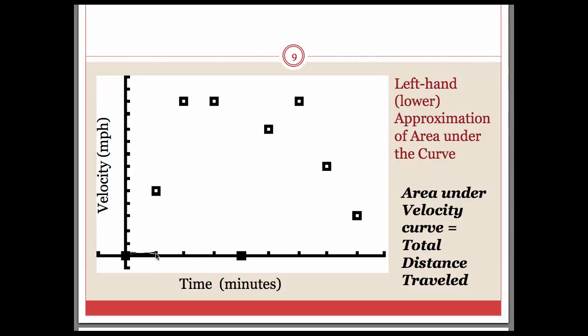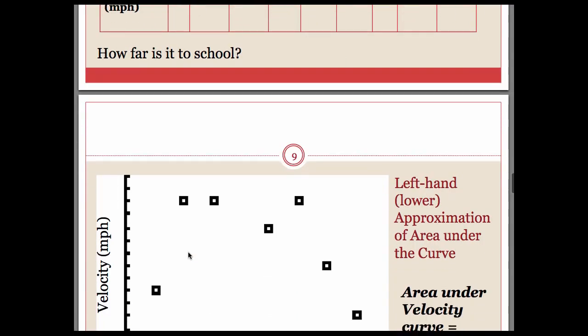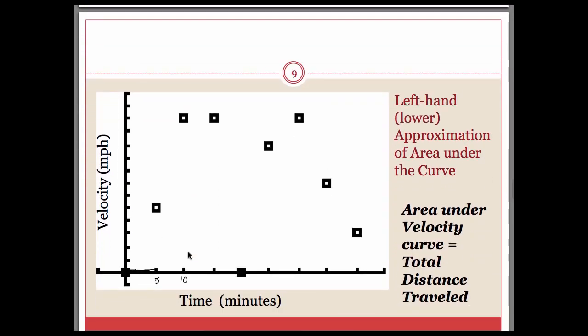I just talked about it in terms of minutes because it would be a little bit easier when I graphed it. When we go to actually do the math, that's where we're going to use the decimal values, the expression in hours of those minutes. I just thought for the purposes of the graph it would be easier to do it in minutes. So the next rectangle is going to look like this.